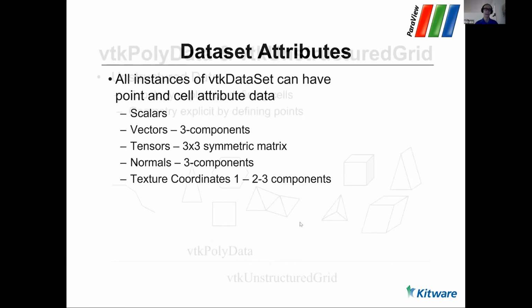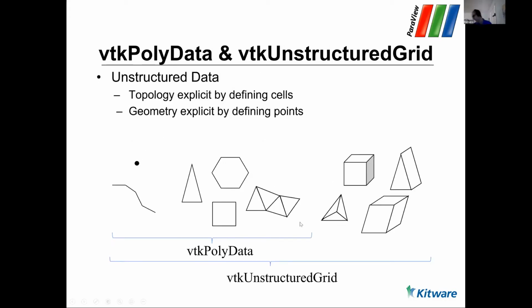The polydata does not store 3D cells. The polydata is designed so that you can send it as fast as possible to the graphics card. This is what we use to send to render data.